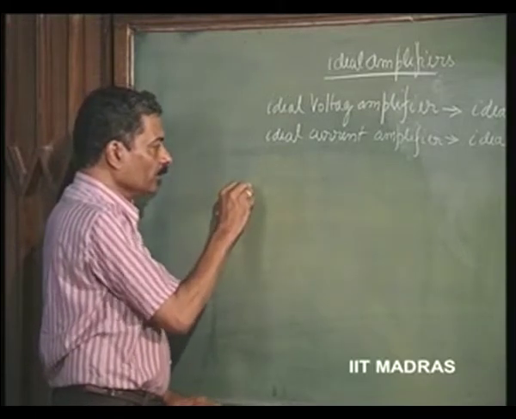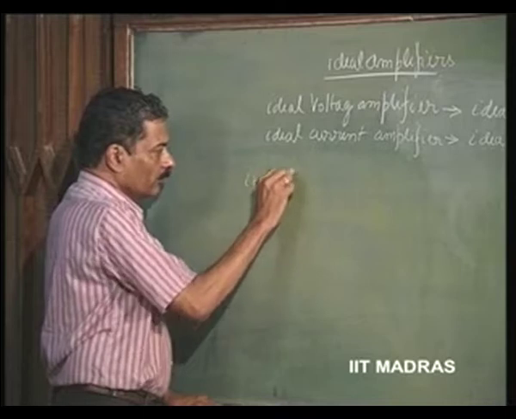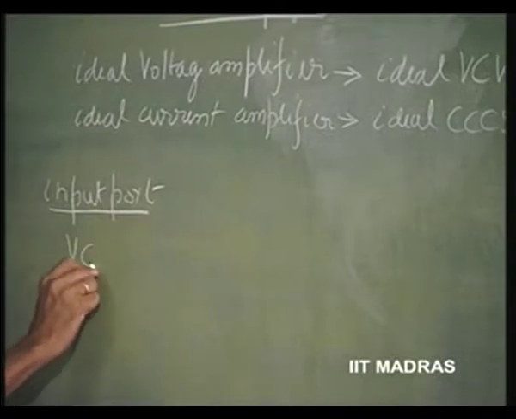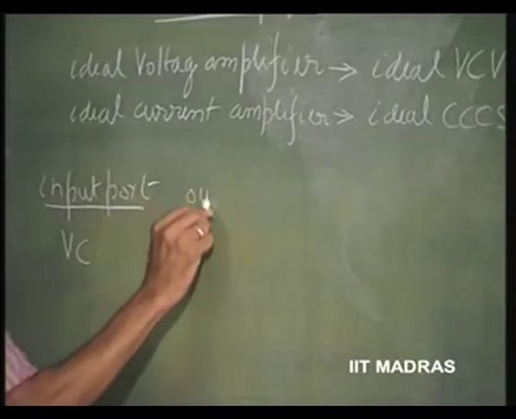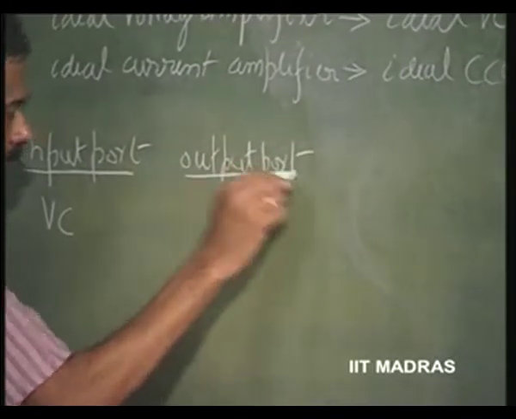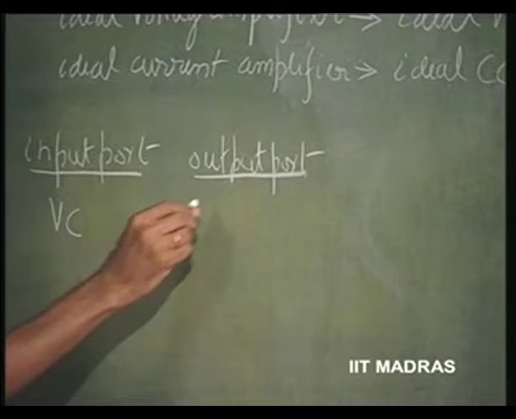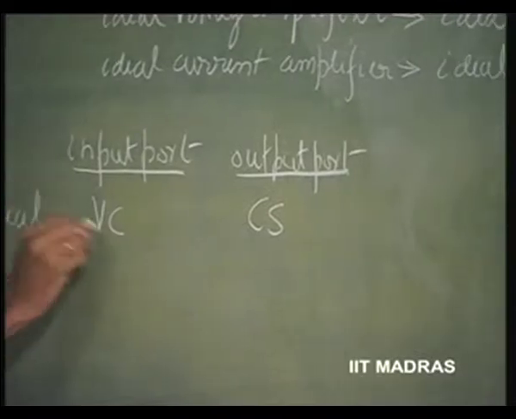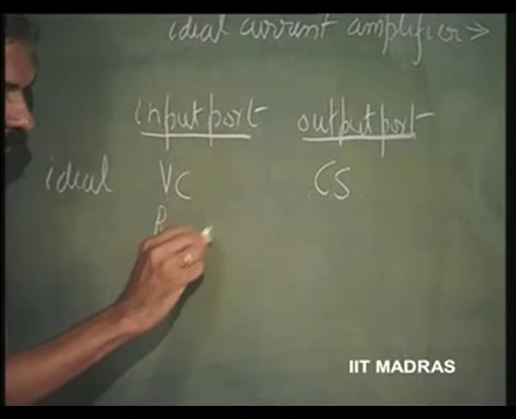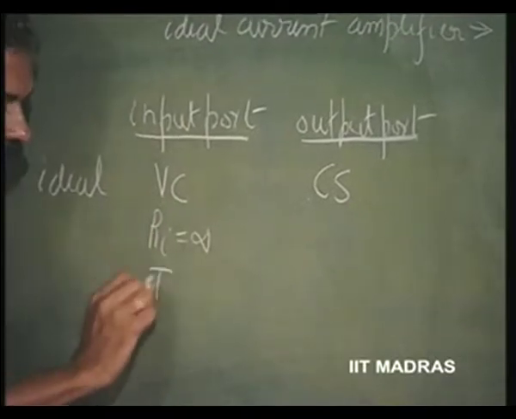the input port is controlled by voltage, but the output port is having not a voltage source but a current source. This is an ideal voltage controlled current source, wherein Ri is infinity or Ii is 0.